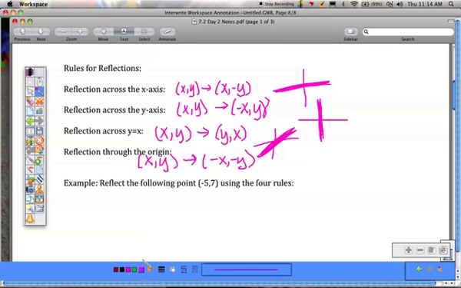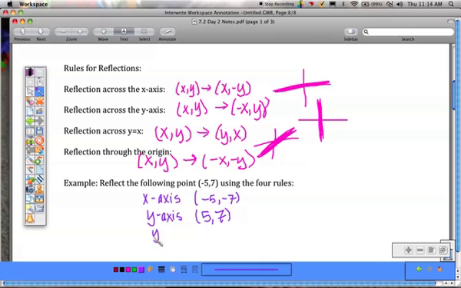So here's an example. Reflect the following point, (-5, 7), using the 4 rules. Okay, so here it is, the x-axis. Again, if we look at the rules, the opposite of the y value, so (-5, -7). The y-axis, again, if we look at the rules, the opposite of the x value, so the opposite of -5 is 5, and we'll keep the 7 the same.